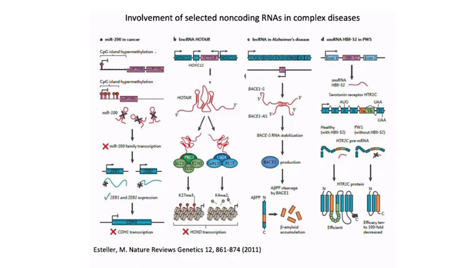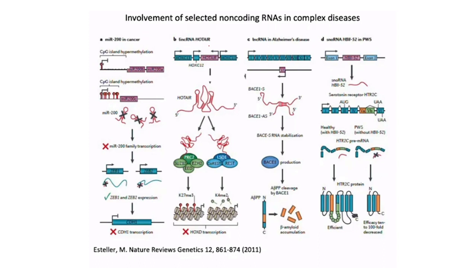In cancer, what happens is that the CpG island is hypermethylated. This hypermethylation is because of the non-coding RNAs. But when these non-coding RNAs are inhibited, the hypermethylation is removed. And when hypermethylation is removed, the transcription of genes takes place, and this ultimately leads to tumor formation.